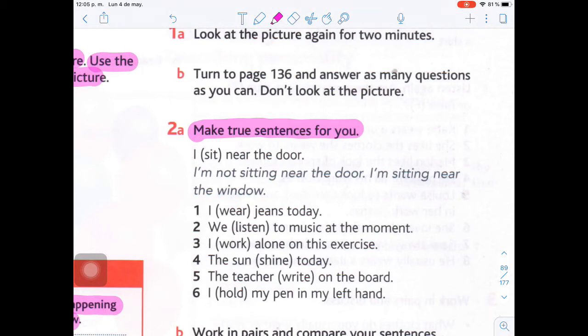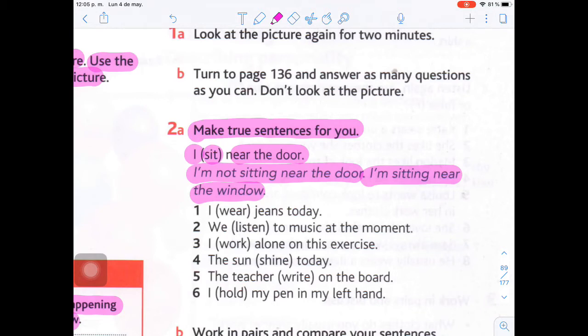It says, I sit near the door. So, okay, in my case, I'm not sitting near the door. I'm sitting near the window. But this is my case. You have to look around you where you are sitting down in this moment, and you're going to write the sentences in the correct way.